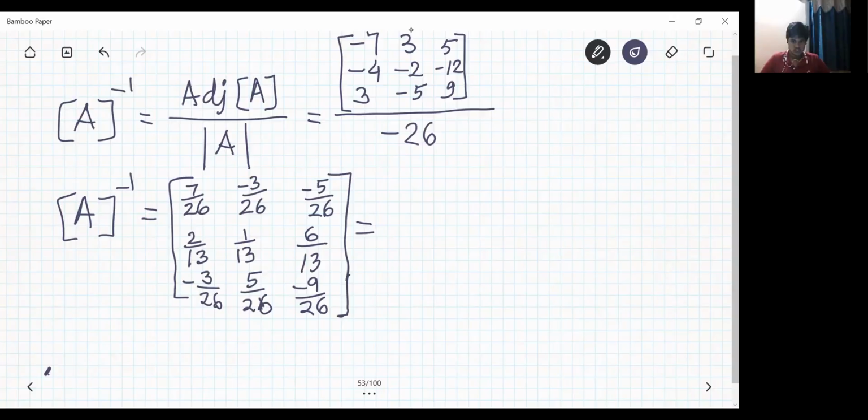So if you write for 2 digits, it will become like 0.269, so 0.27 we can write.